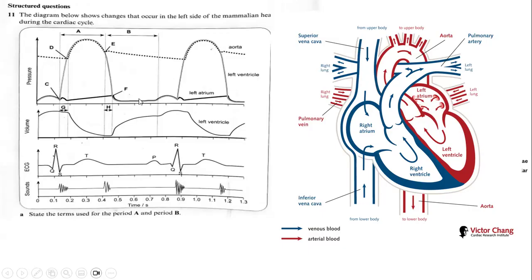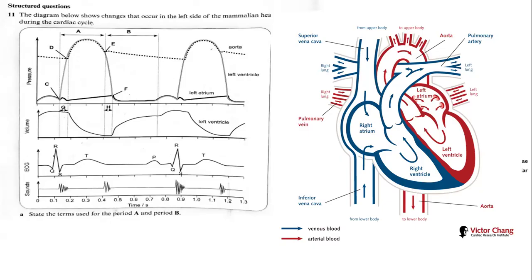But as you can see, the pressure went all the way down in this section. What does that tell you? Are we in contraction or in relaxation? For B, the pressure is all the way down, so it would be relaxation.